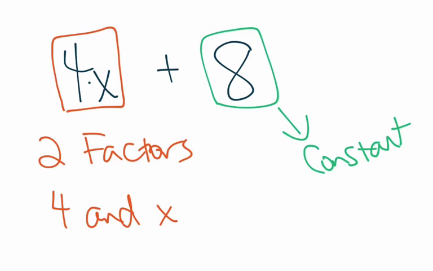And factors are 2 numbers that are being multiplied together. Like 2 and 3 are factors of 6 because 2 times 3 is 6. So 4 and x are factors of 4x because 4 times x is 4x. 8 does not have any factors because it's all by itself.